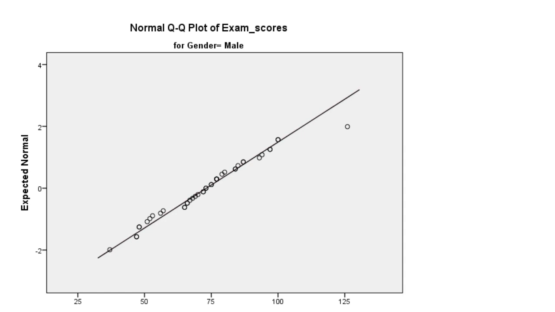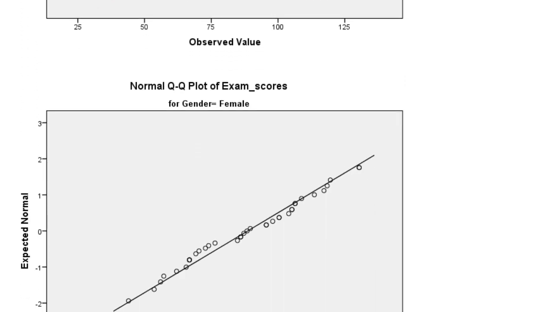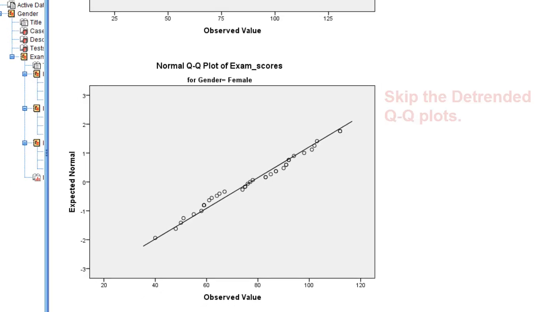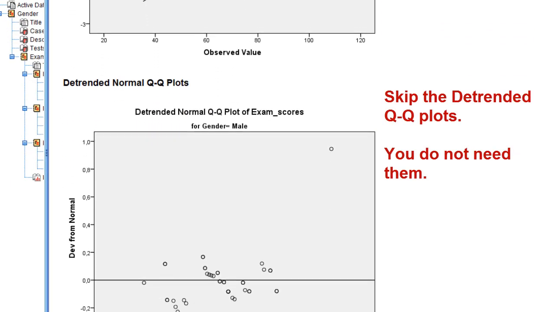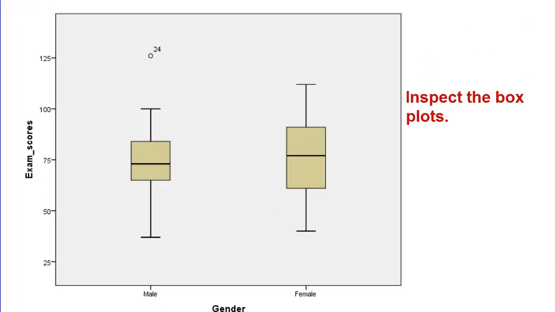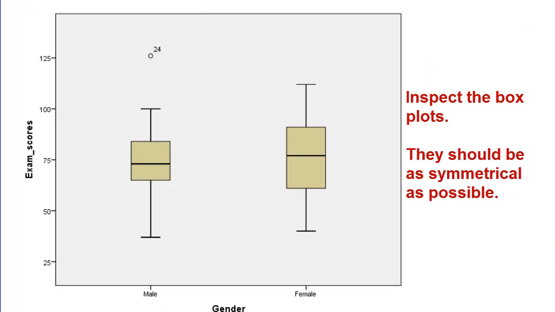This indicates that the data are approximately normally distributed. In our example, I think they are approximately distributed along the line, so it's okay. Skip the detrended QQ plots, you don't need them. Look at the box plots, they should be approximately symmetrical. Although they are not perfectly symmetrical in our example, I think they are good enough.